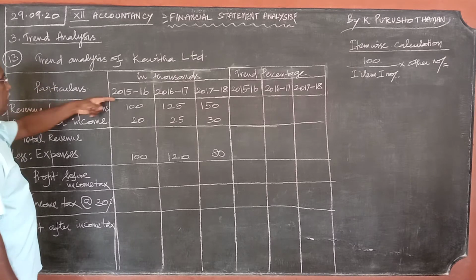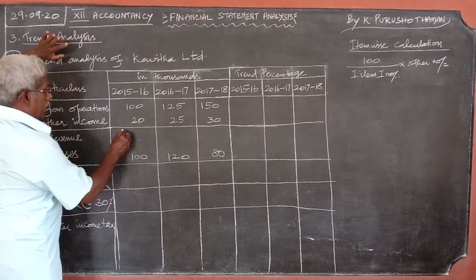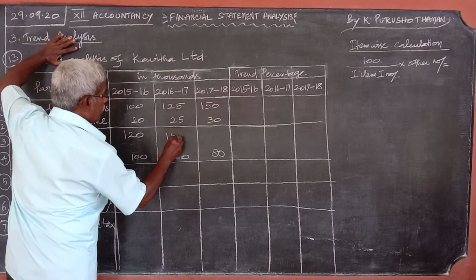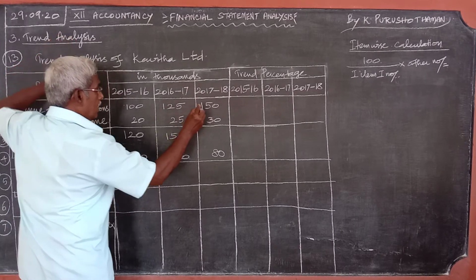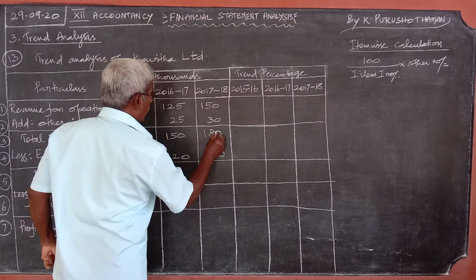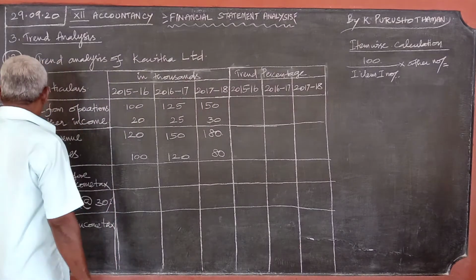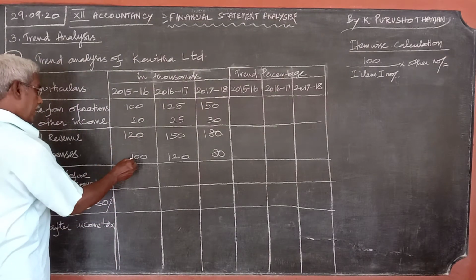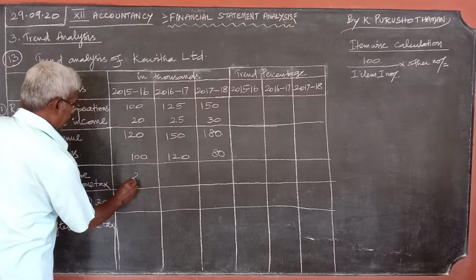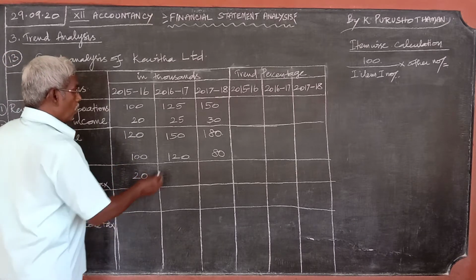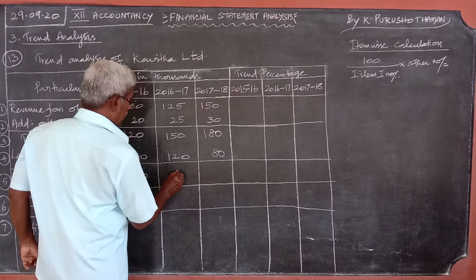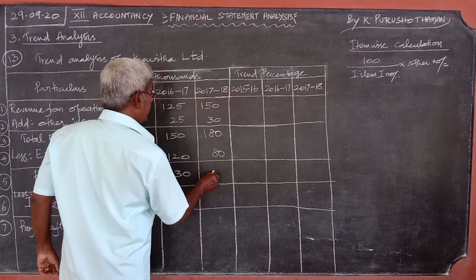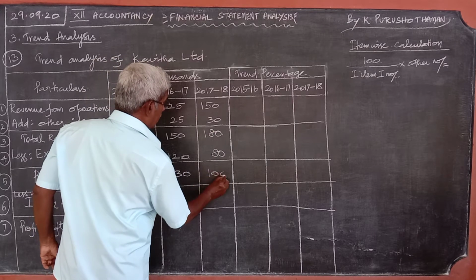For total revenue, we should add these two: 100 plus 20, 120. 125 plus 25, 150. 150 plus 30, 180. Okay? And we should deduct expenses. 120 minus 100, this is 20. 150 minus 120, that is 30. 180 minus 80, it is 100.